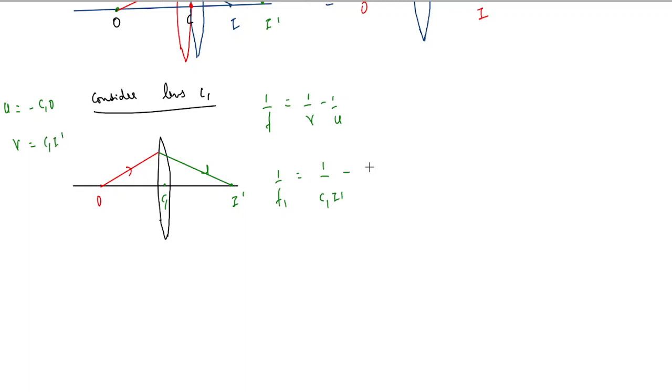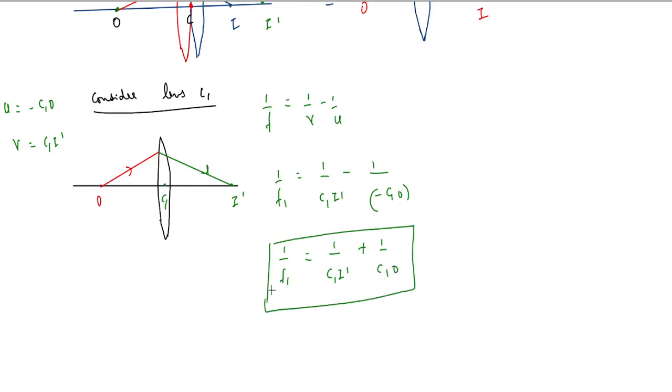So minus of 1 by minus c1 into o, that is 1 by f1 is equal to 1 by c1 I dash plus 1 by c1 into o. We will call this as 1.